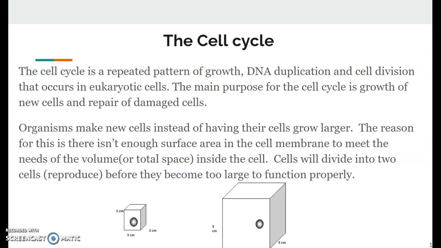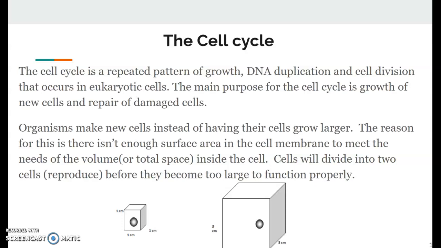Organisms make new cells instead of having their cells grow larger, right? Because if the cell grew too large, then at some point it wouldn't be able to do the processes that we talked about, osmosis, diffusion, and all that, to meet the needs of the cell, right?